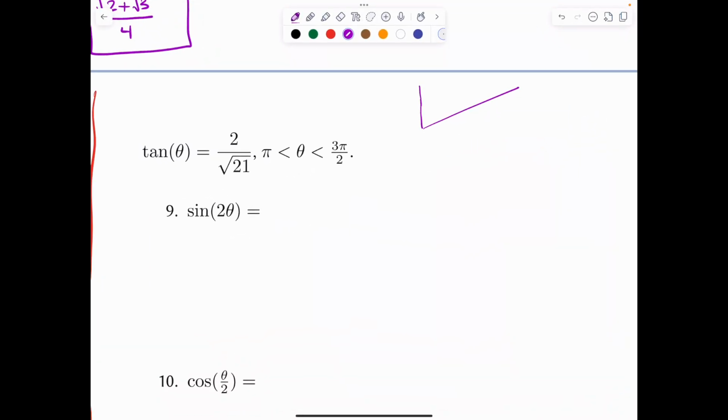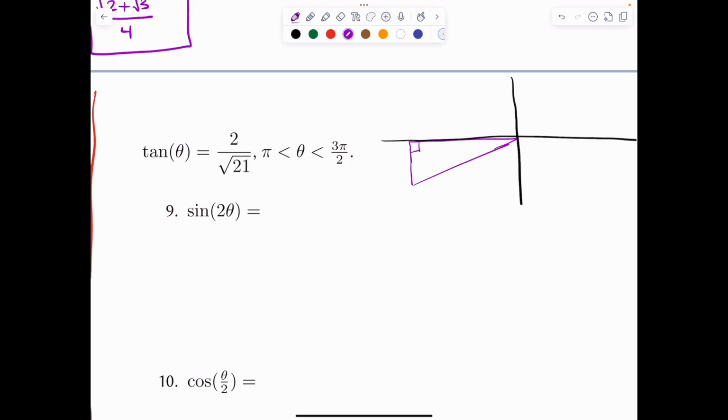So here is the third quadrant, or at least the way I would represent an angle in the third quadrant. Here, let me draw the axes just in case that's confusing to anybody. Here's my axes.